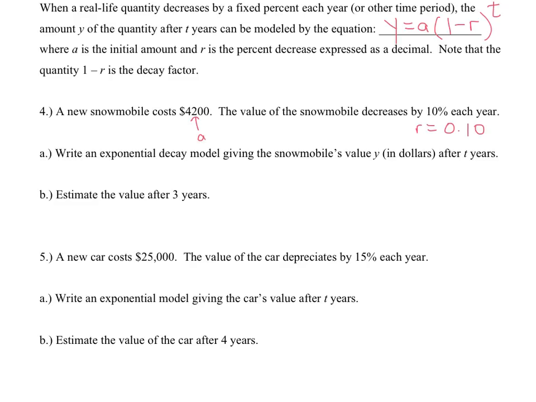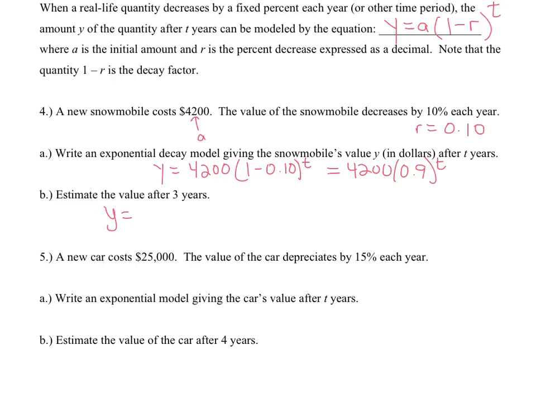This is your initial cost for the snowmobile. So an exponential decay model, giving the value y in dollars after t years. Well, it starts out at $4,200. We're taking away 10% every year. So that's $4,200 times 0.9 raised to the t, meaning we keep 90% of its value every year.